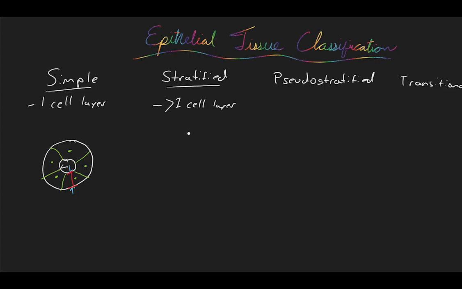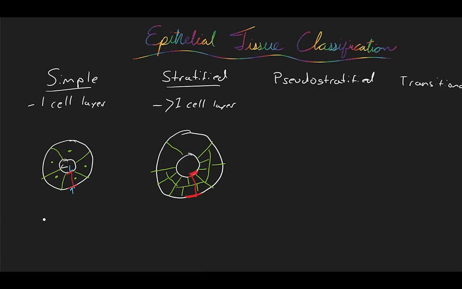But what happens if, let's say, I draw my tube like this, and let's draw some individual cells now where it looks maybe something like this. Now I'm not going to finish it off, but if I draw a line from the basal side up to the apical side, I'm going to pass through two cell layers. Because I pass through two cell layers, this is sort of a stratified epithelium.